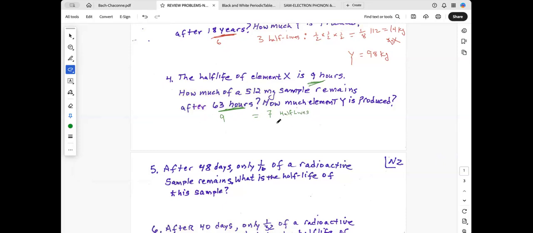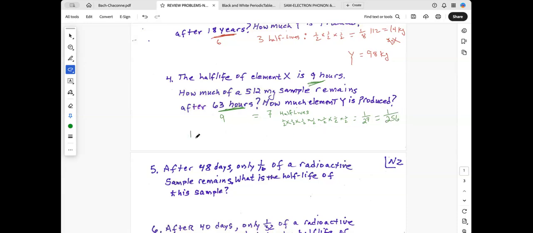Okay, that means we have a half, and I'll write it out: a half, 7 times. Times a half, 3, 4, 5, 6, 7. So that's 1 over 2 to the 7th power. There were 7 half-lives, and I think that's 1 over 256.